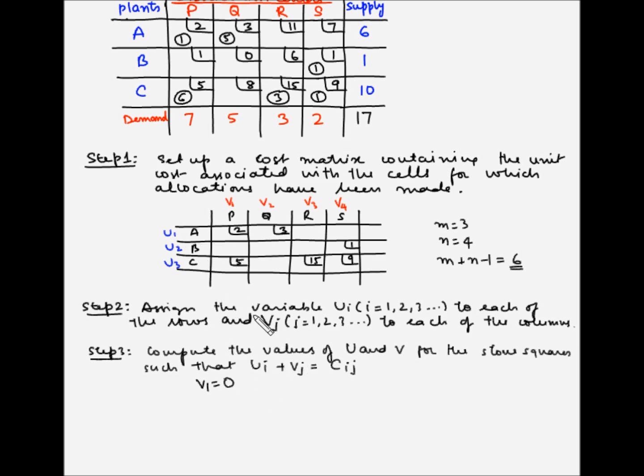So based on this formula, ui plus vj is equal to cij. Let's take the first row and first column.